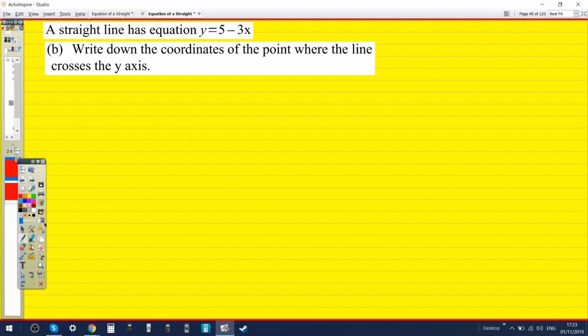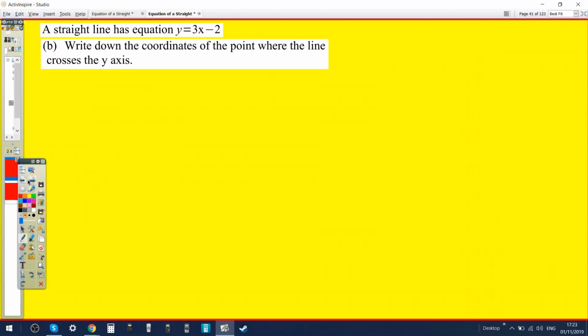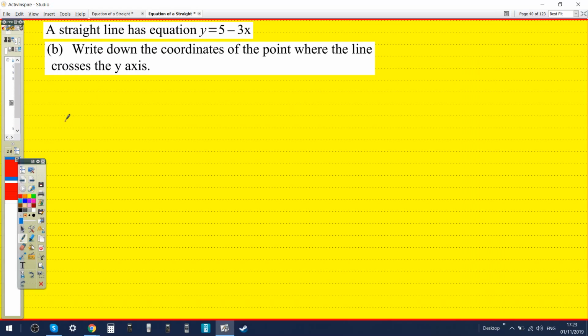Okay, how about this one? X equals 2.5. Well, on the y-axis, what is the value of x on the y-axis? 0. So 3 times 0 is 0. 5 minus 3, 2. You said 3 times 0 is 0, not 2.